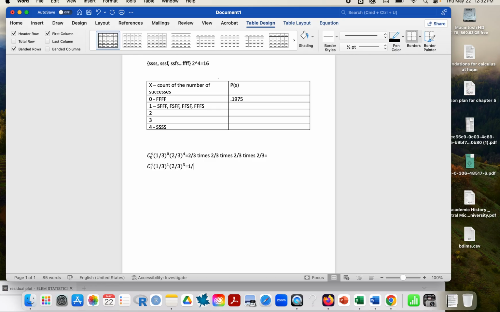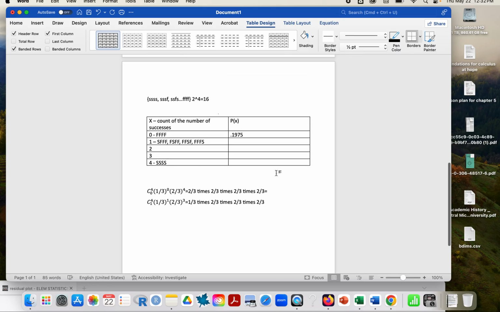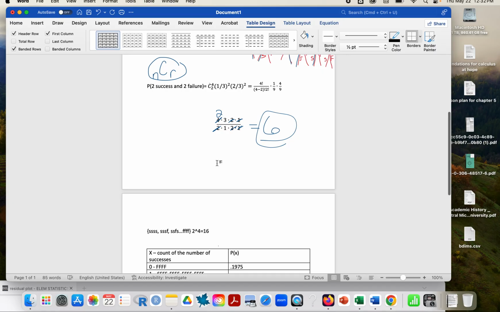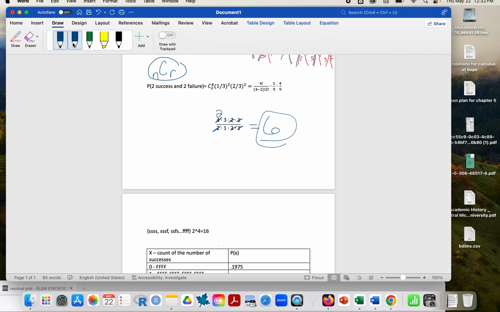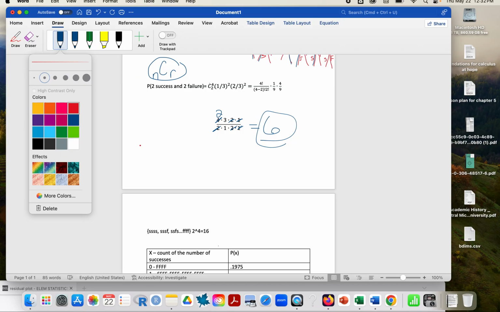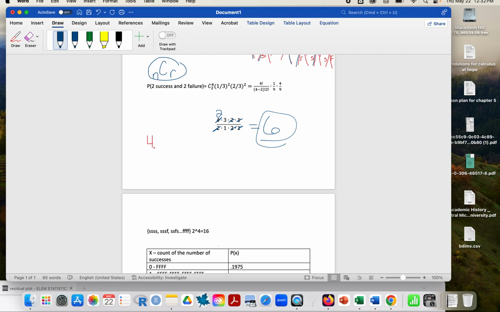You're going to have 1/3 times 2/3 times 2/3 times 2/3. But for choose 1, if we compute that out, I'll do it as a draw up here. All right, let me write it this way.